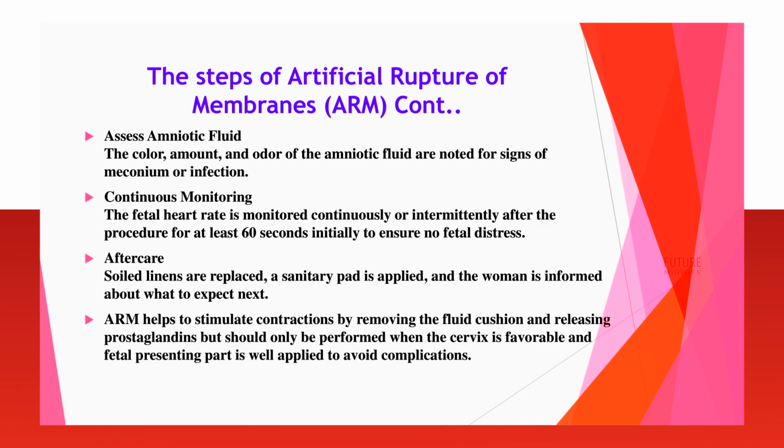Soiled linens are replaced, a sanitary pad is applied and the woman is informed about what to expect next. Artificial rupture of membrane helps to stimulate contraction by removing the fluid cushion and releasing prostaglandin, but should only be performed when the cervix is favorable and the fetal presenting part is well applied to avoid complications.